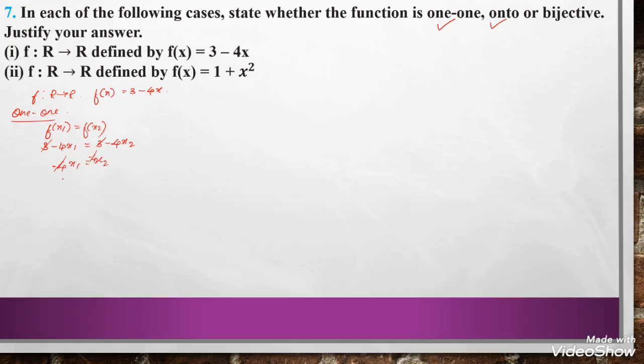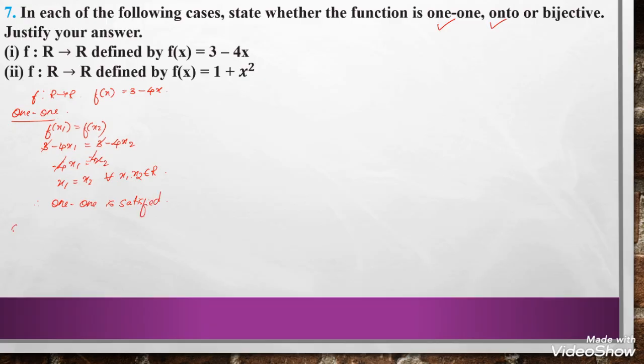This minus 4 gets cancelled. x1 is equal to x2 for every x1, x2 belonging to the real numbers. Therefore, one-one condition is satisfied.